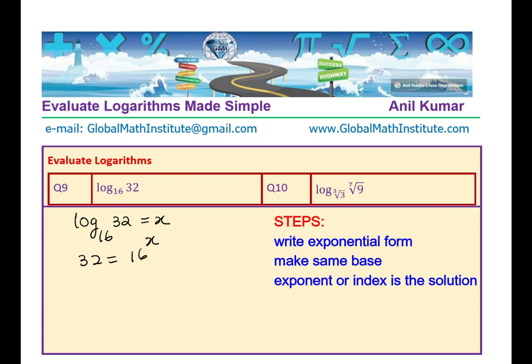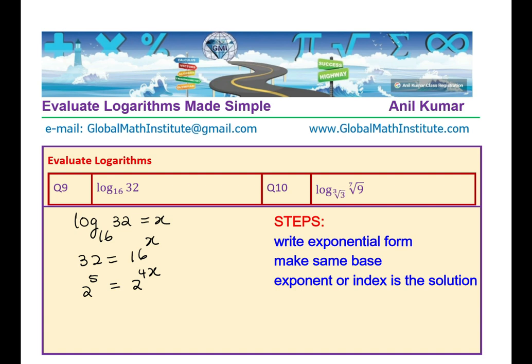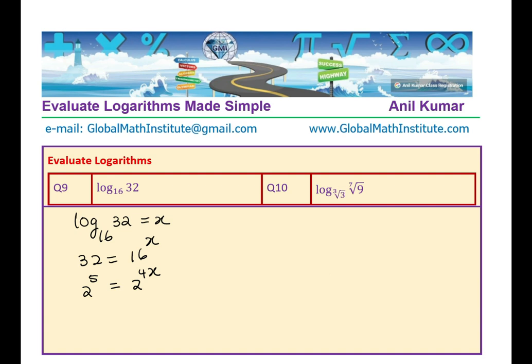Now writing both as powers of 2, we get 2 to the power of 5 equals 2 to the power of 4x, right? Because 16 is 2 to the power of 4, times x. So I merge the two steps. You see that? And we get 5 equals 4x, or 5 over 4 equals x. Do you see that? So we get our answer.